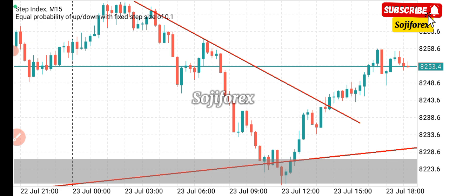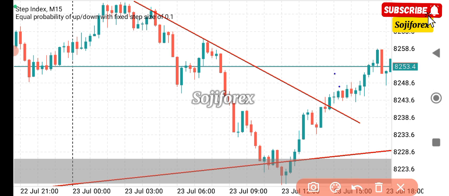Remember, we said that if you look at this on the lower time frame, you'll be seeing lower high, lower low, lower high, lower low, lower high, lower low. But if you look at it on the higher time frame, it's a one-way move.